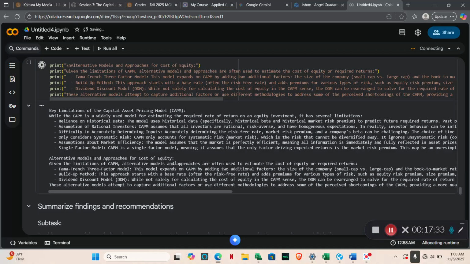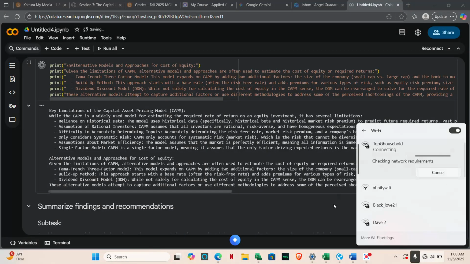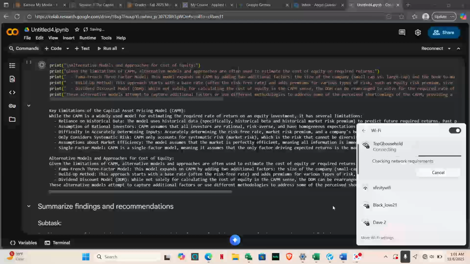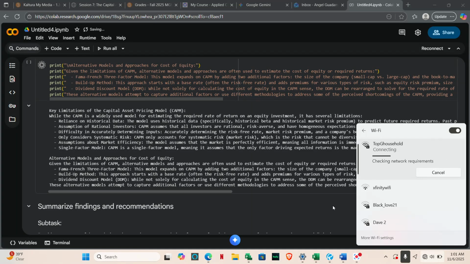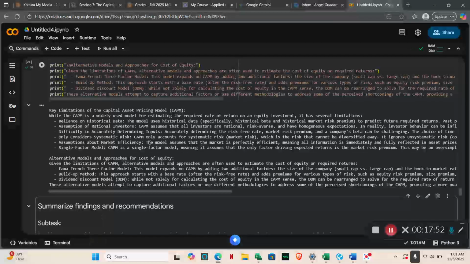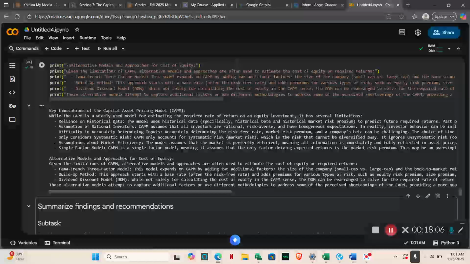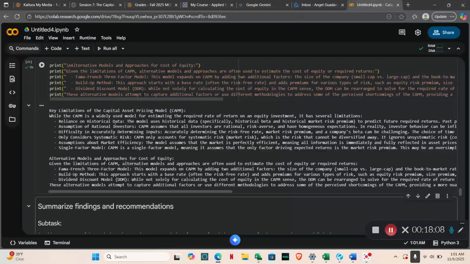While the CAPM is a widely used model for estimating the required rate of return on equity investment, it has several limitations, such as reliance on historical data, assumption of rational investors, difficulty in accurately determining inputs, only considering systematic risk, assumptions about market efficiency, and being a single-factor model.